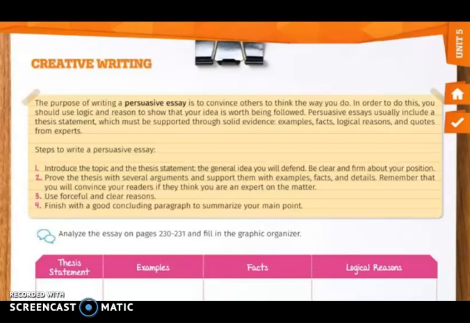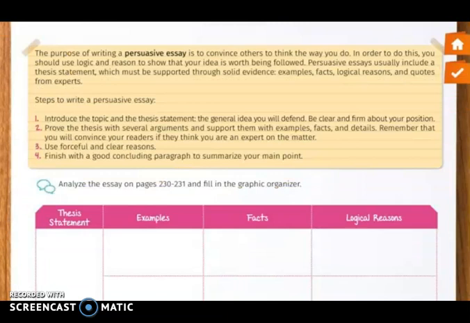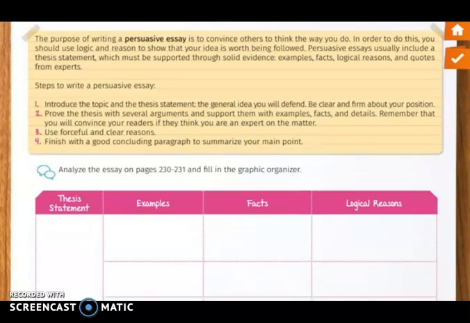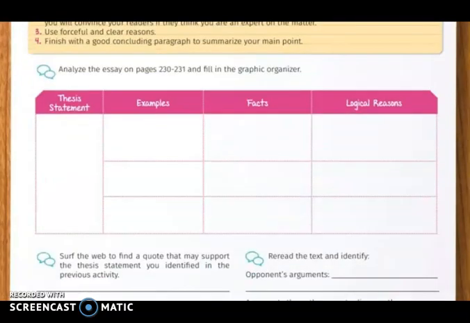Now, in the exercise, you have to analyze the essay on page 230 and page 231. Then you are going to fill in this graphic organizer that you have on the page. In this part, you are going to write the thesis statement. Here, the examples, the facts, and logical reasons.